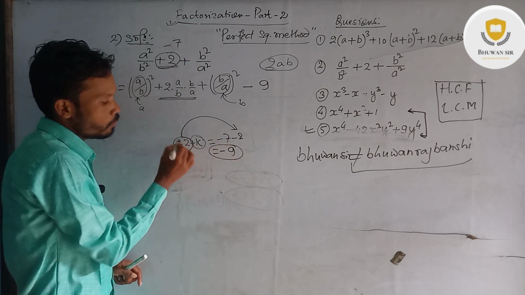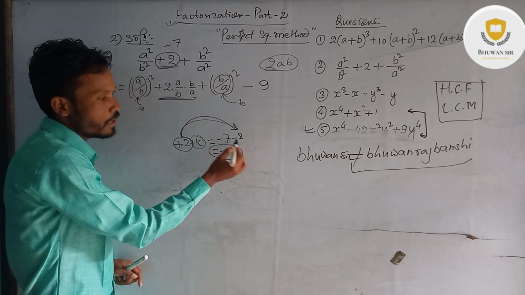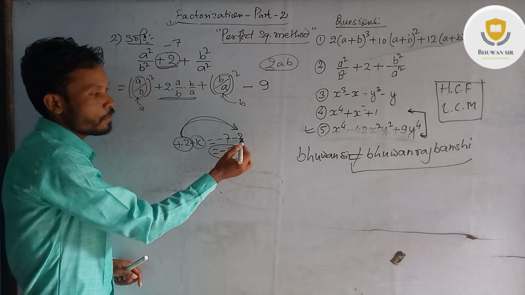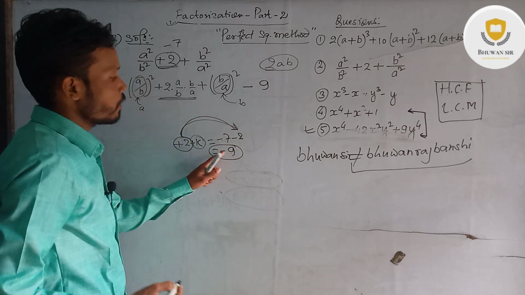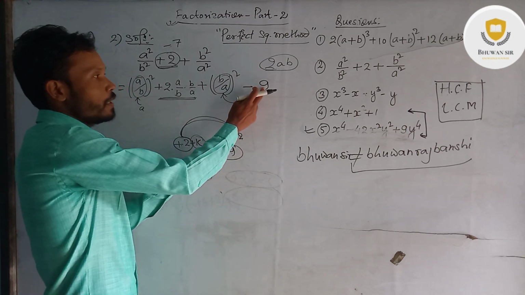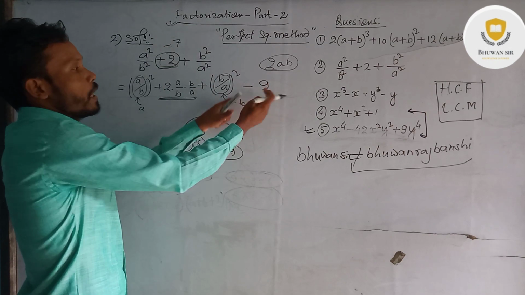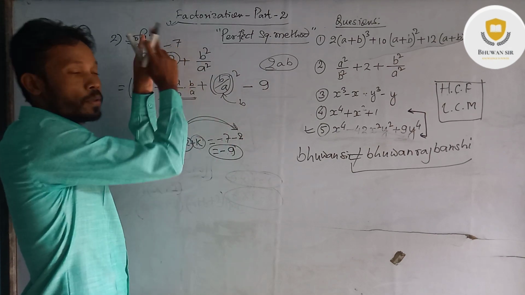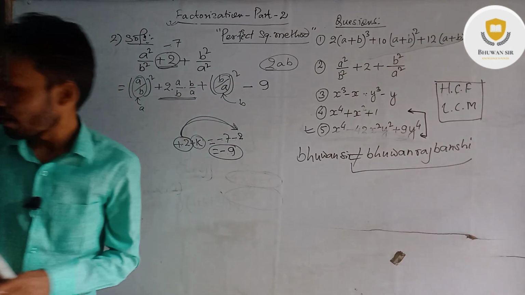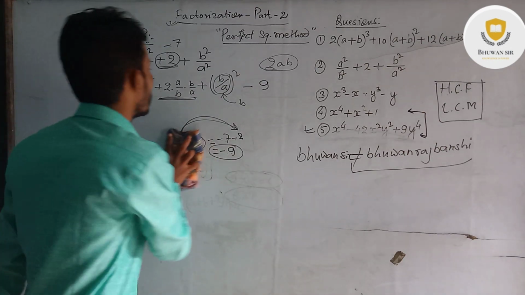So plus 2 we can shift to the right side, it will be minus 2, and minus 7 minus 2 will be minus 9. That means if you write minus 9, then it will be equivalent with minus 7. Minus 9 plus 2 will give you minus 7. Okay, my friends, have you understood?